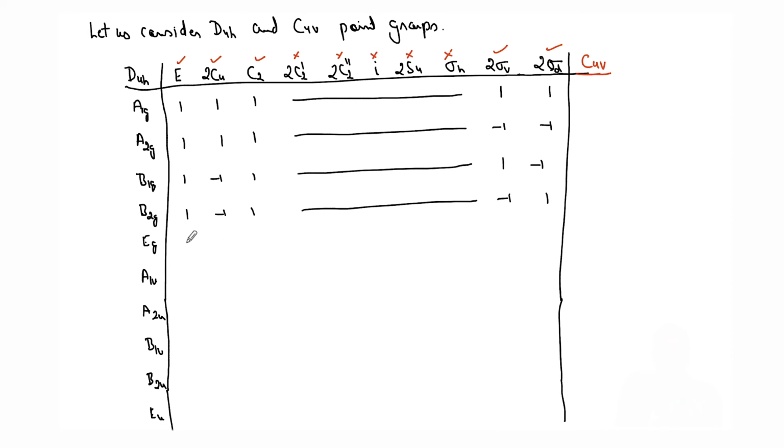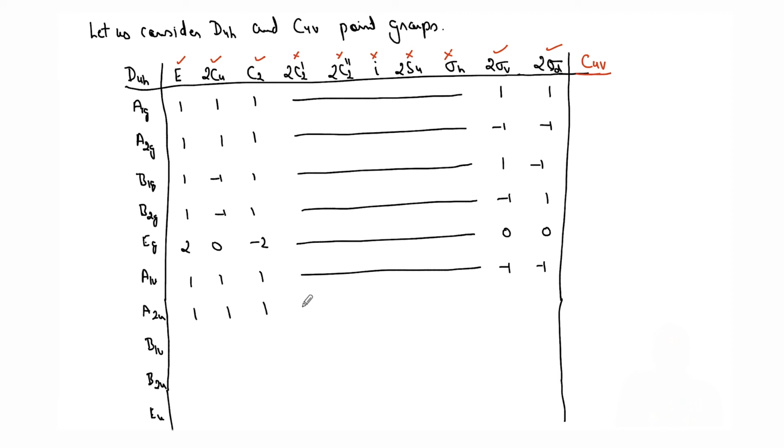I'm just reading out from the character table, so you can all do that. Eg has 2, 0, minus 2, and this is 0, 0. Then again we have 1, 1, 1, and we have minus 1 here. Then we have 1, 1, 1, 1, 1.